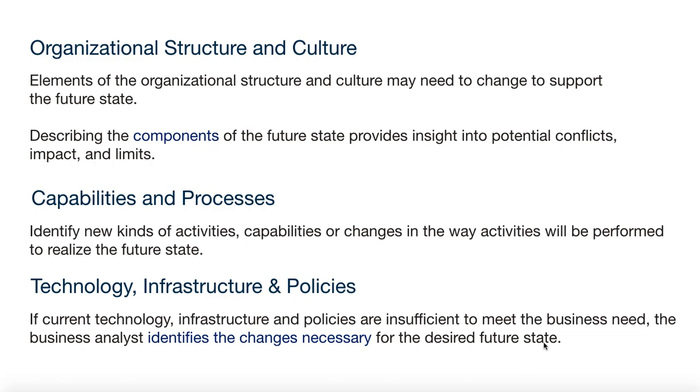So, let's say that the future state requires to follow certain policies, it needs certain technology, it also needs to implement that technology, you need certain amount of infrastructure. So currently if you don't have any of these, you might want to identify what are all the different technologies, infrastructures, what are all the policies that need to be put into action in order to achieve that future state. So this is another dimension.